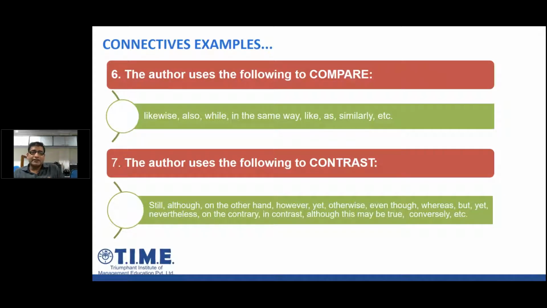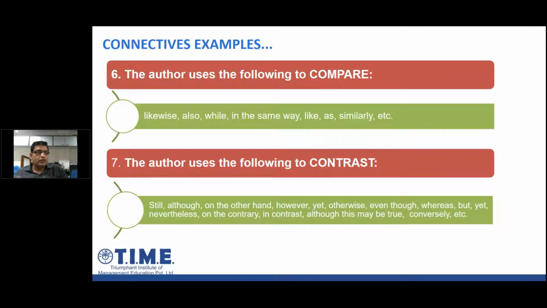So if you have a sentence that says likewise, the women from India also were interested in quality, it means there was another sentence where some other women or some other people were mentioned who were interested in something. That's where the author says likewise, right? So likewise indicates similarity. So likewise, also, while, in the same way, like, as, similarly, etc. These all indicate comparison, similarity.